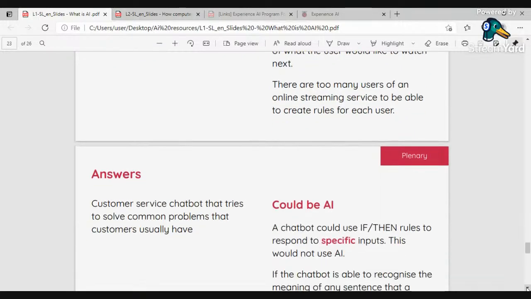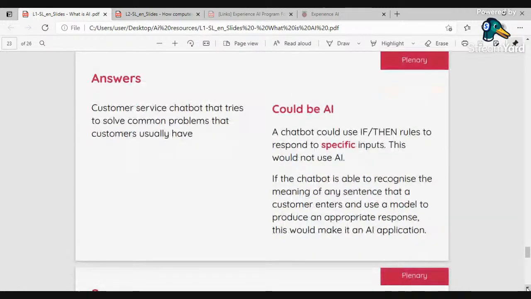All right, question number three: customer service chatbots that try to solve common problems customers usually have. This could be AI, and it may also not be AI; it may be instruction-based. Before the AI chatbots we have today, there were always chatbots that followed instructions, but the challenge is that they are limited to the number of rules given to the chatbot.